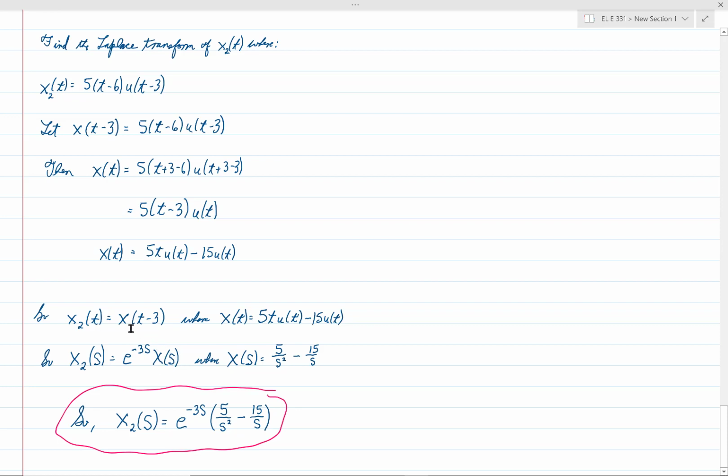X of s is the Laplace transform of x of t, which is something that matches a form in the table, so the Laplace transform is 5 over s squared for the first part, minus 15 over s for the second part. So that's X of s, and X2 of s is just that multiplied by e to the minus 3s. So here we have our final answer: X2 of s is e to the minus 3s times (5 over s squared minus 15 over s).